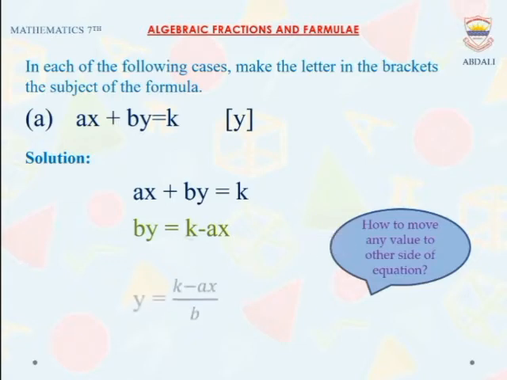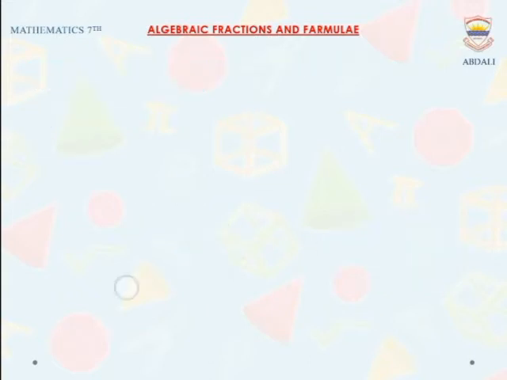So it becomes y equals to k minus ax by b. Okay, so now we have separated y from all other values, and now y is the subject of your formula, so it is your answer. Okay, so let's move to other questions.